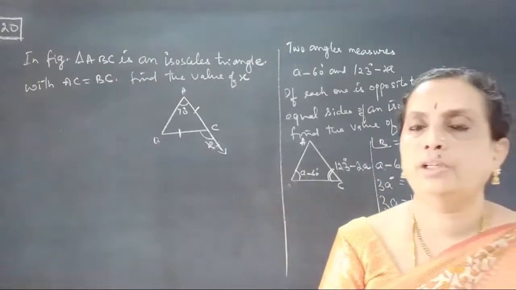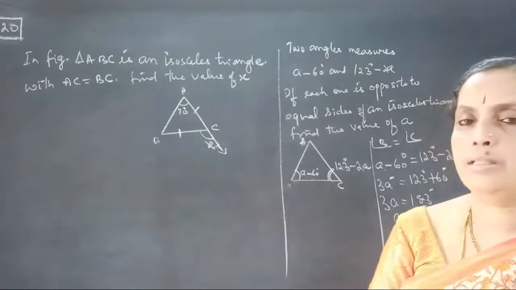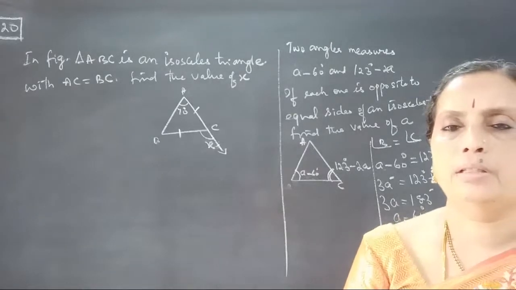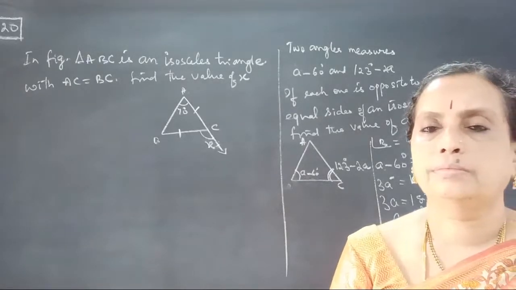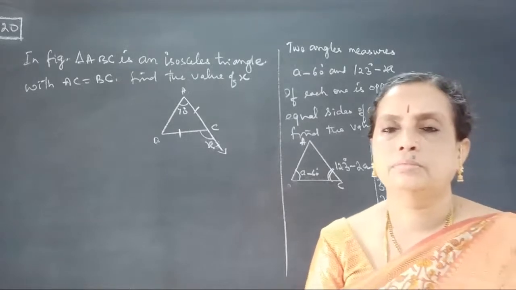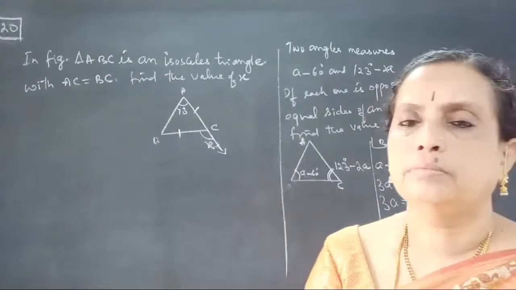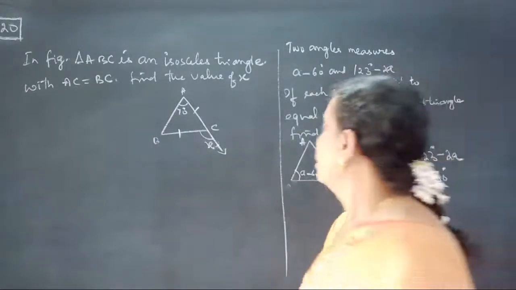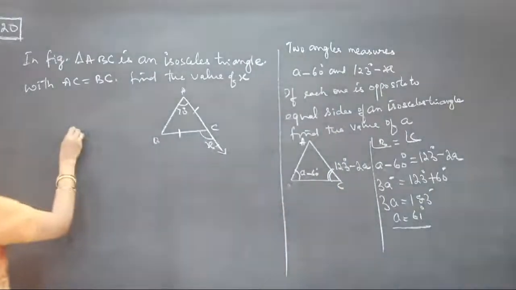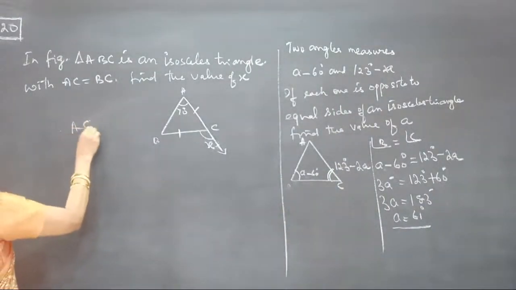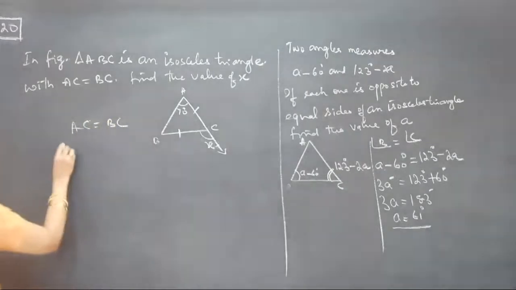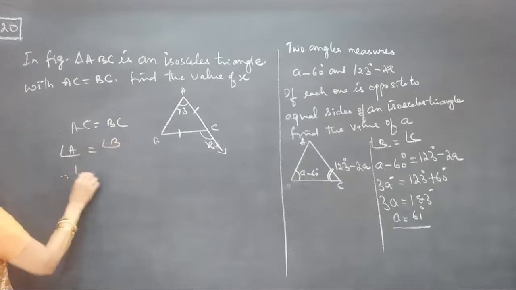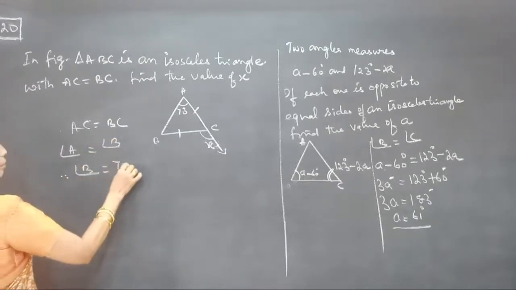Can you find out the measure of x? Yes, x equals 140 degrees. That is, since AC equals BC, angle A equals angle B, therefore angle B is also 70 degrees.